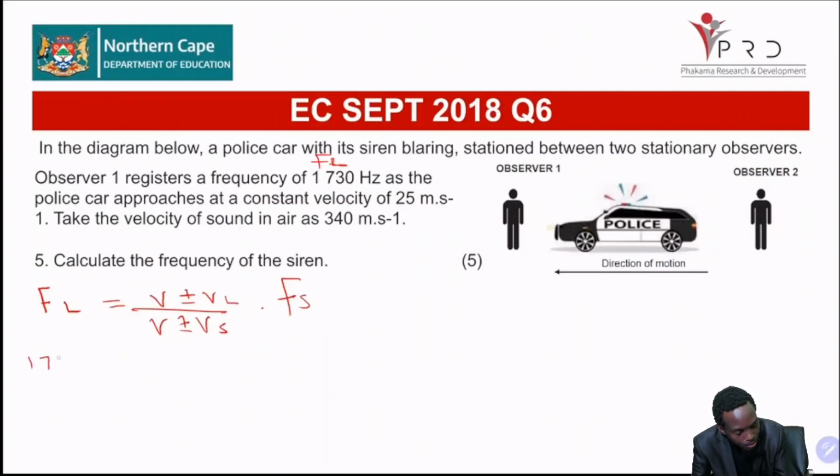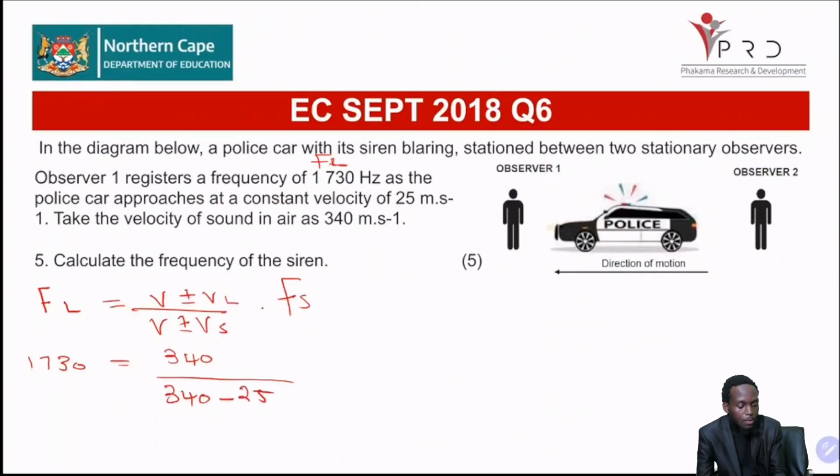This is 1730 equals, they said take the velocity of sound in air is 340. So because this person is not moving, we are not interested in this. This is 0. Whether I put a plus or a minus, it doesn't really matter. 340 minus 25. Subtraction 25 because the source is moving towards the listener, multiplied by Fs.